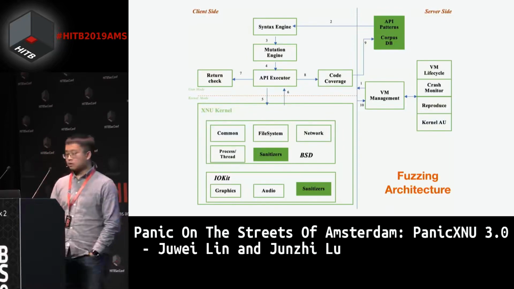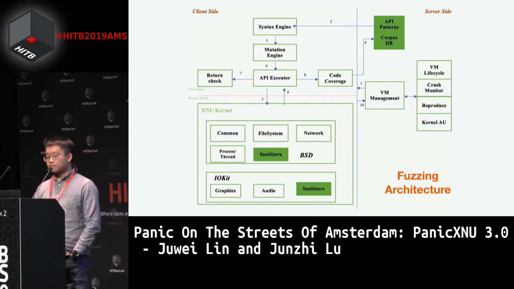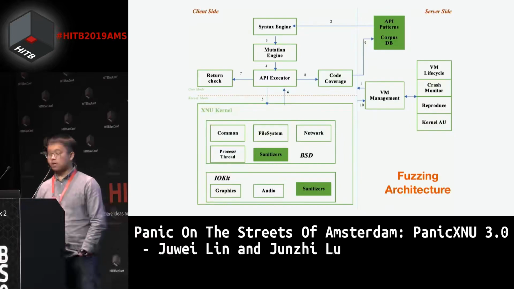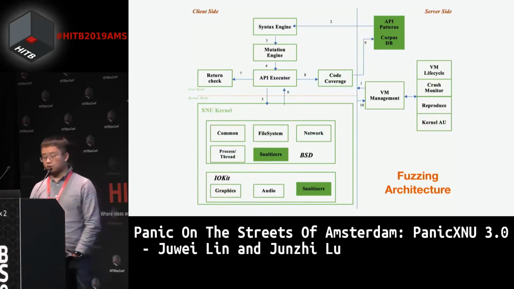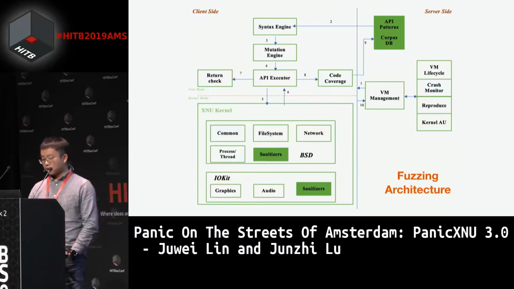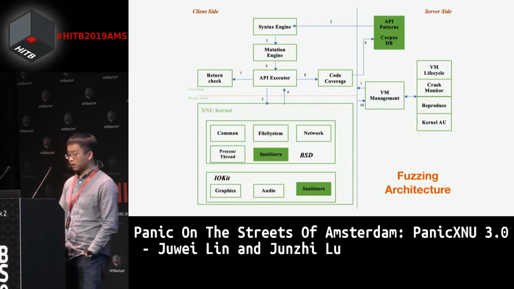So this tool is based on code coverage driven fuzzing, and I had to add support for code coverage in the current XNU kernel. You can see in this picture that I developed several sanitizers, especially the code coverage sanitizer, in both the BSD subsystem and the LKit subsystem. In this talk, I think the most important thing is the code coverage support in LKit.